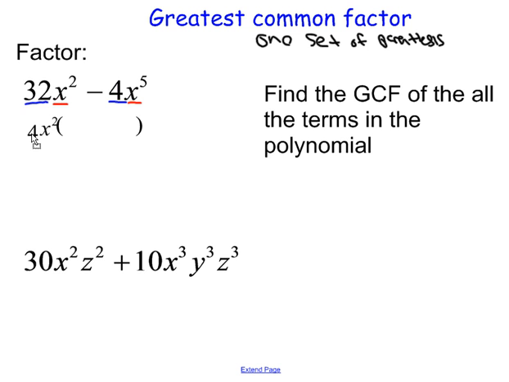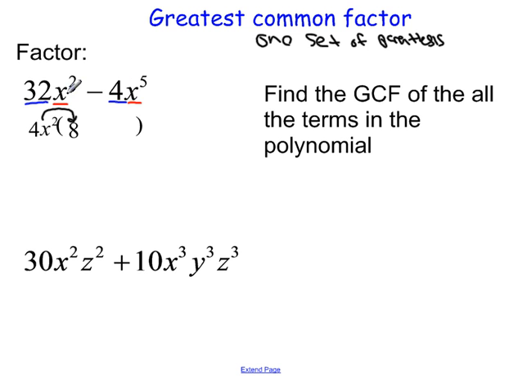Okay, now, remember, factoring is just breaking up the terms. So, ask yourself, what do I need to multiply 4x squared by to get 32x squared? Well, I need to multiply it by 8. 4x squared times 8 gives me 32x squared.